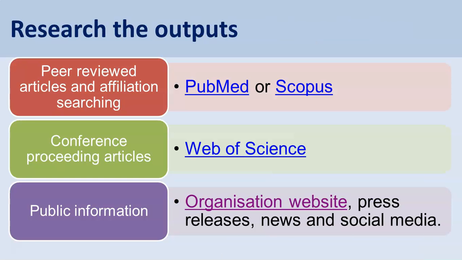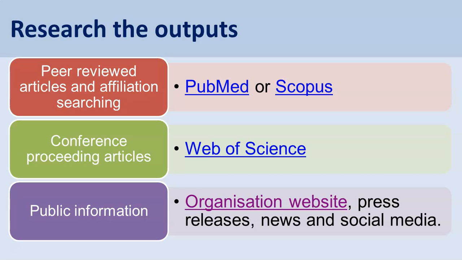Okay, so before we look at researching companies and industries, if you want to see the sort of materials that these companies research that they write up, you'll find those in databases such as PubMed or Scopus, where you'll see peer-reviewed academic articles.